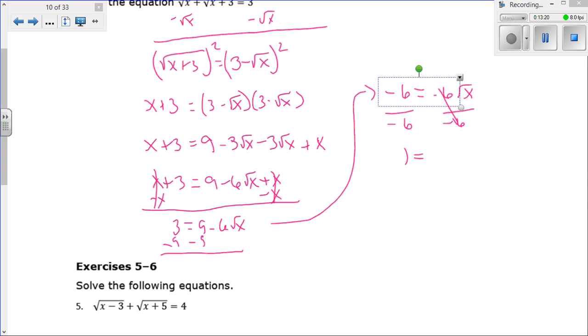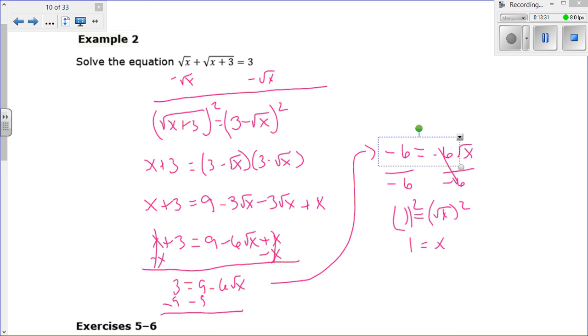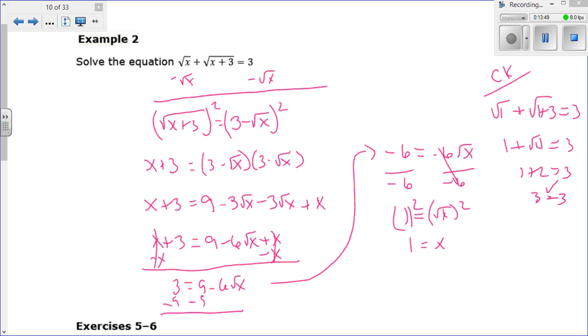So 1 equals radical x. Square both sides again. So x equals 1. So in a quick check, we have the square root of 1 plus the square root of 1 plus 3 equals 3. So 1 plus the square root of 4 equals 3. 1 plus 2 equals 3. So 3 equals 3. That works. So that is an answer.